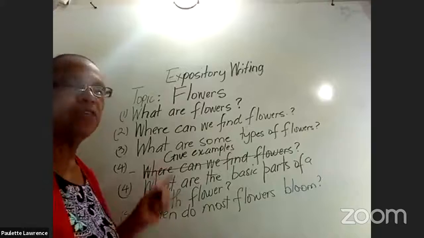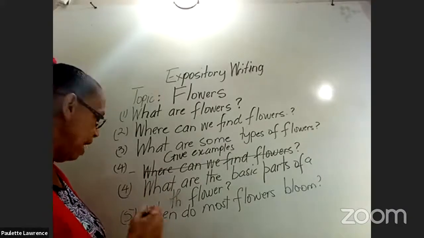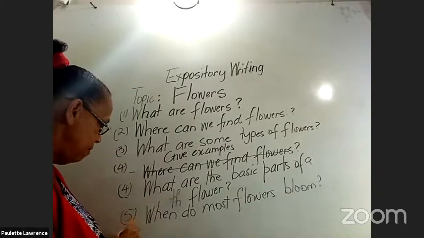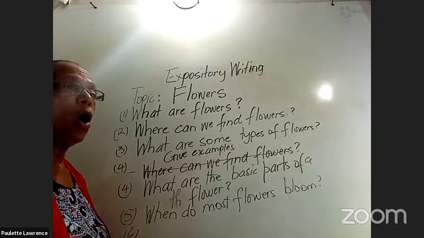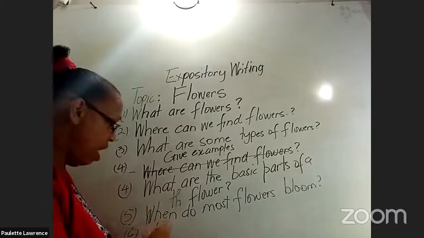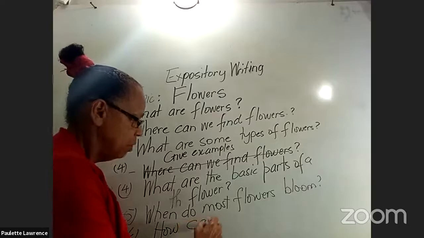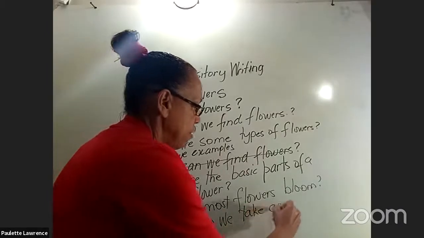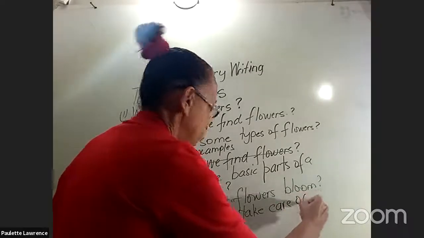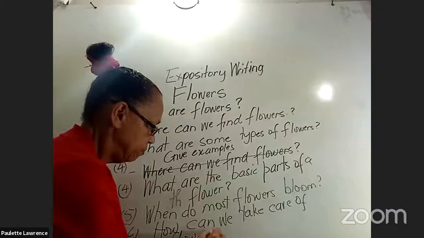Miss, can we use another instead of the what, where, when? Can we use a how? Yes, Miss. How do flowers acquire energy or food? How can we take care of flowers? Oh, yes, we could put that one. How can we take care of flowers? All right.